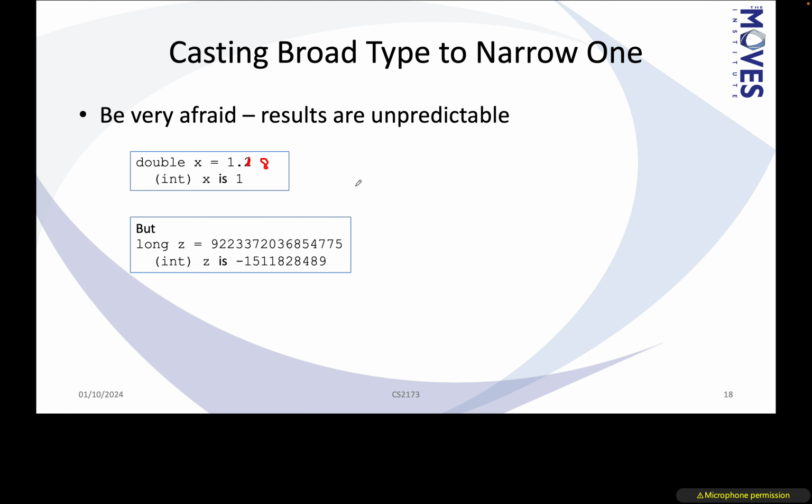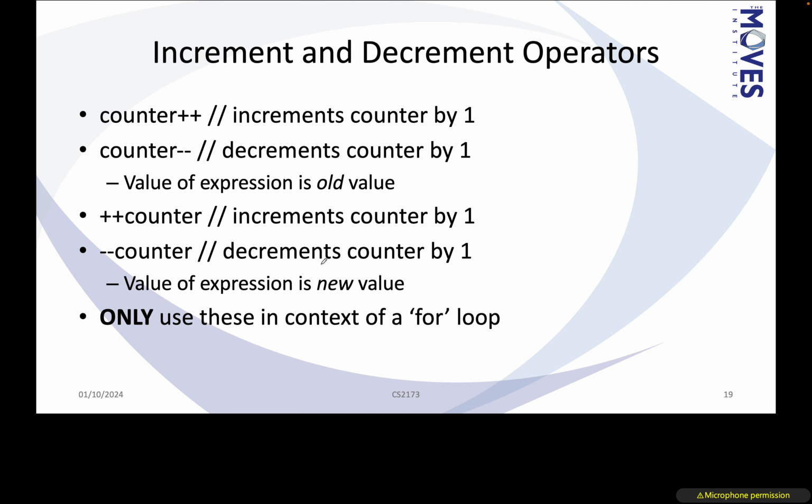It truncates. But you've got to be careful. So here's an example where I have a long value which is bigger than an int can handle. If I cast it to an int, again, it goes negative, as we said before. And we'll see some examples of this as we go along.